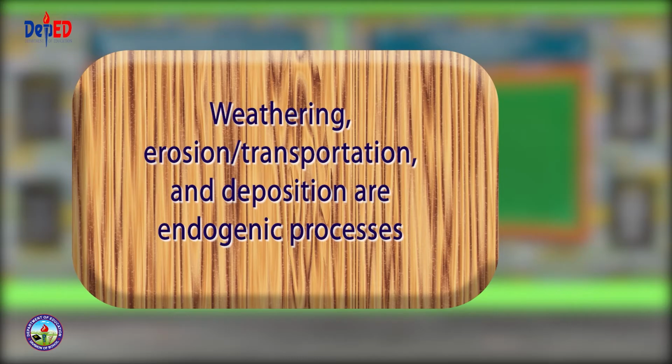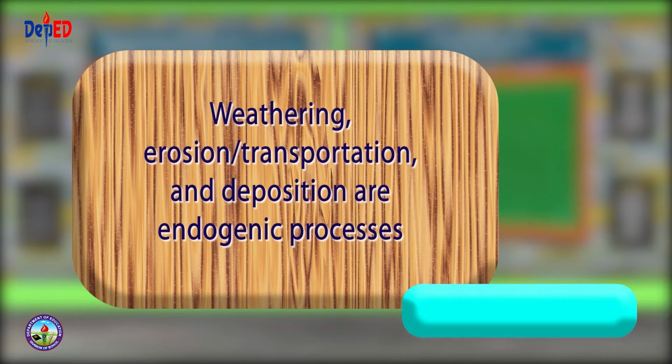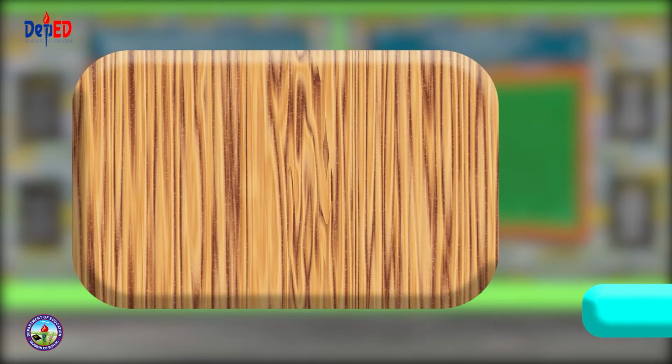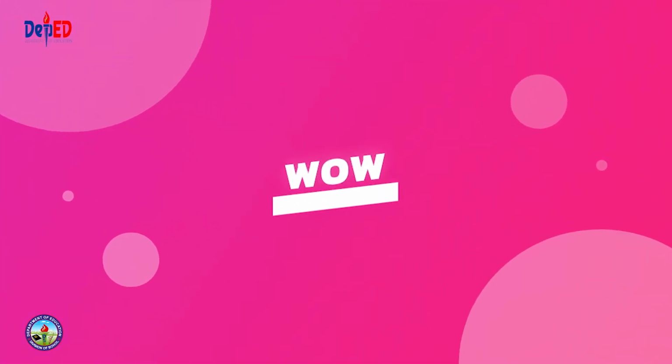Weathering, erosion or transportation, and deposition are endogenic processes. The answer is fake, because weathering, erosion or transportation, and deposition are examples of exogenic processes. Did you get a perfect score? Wow!